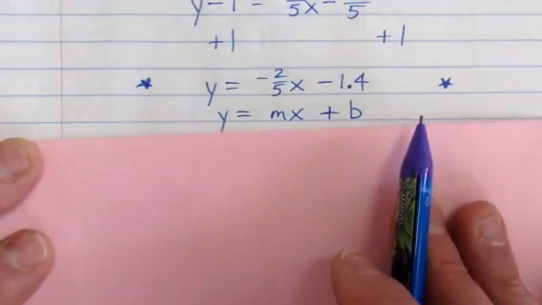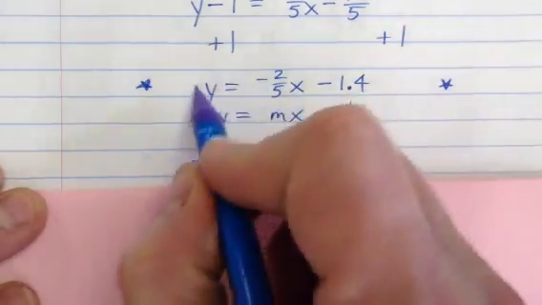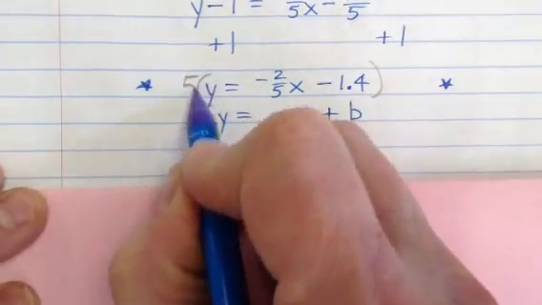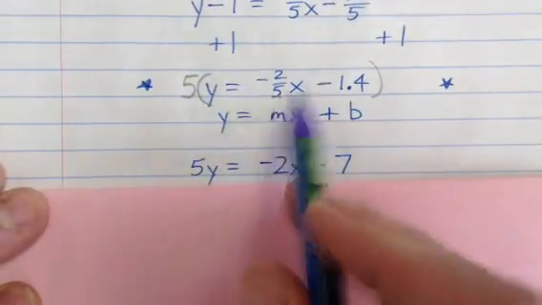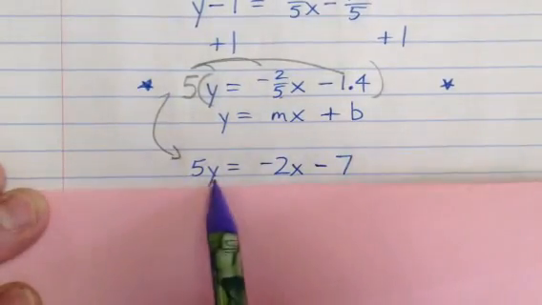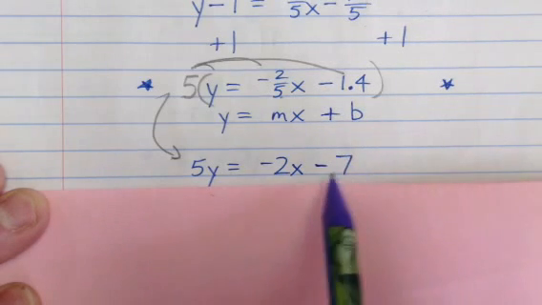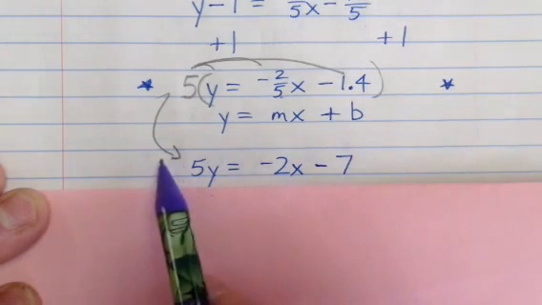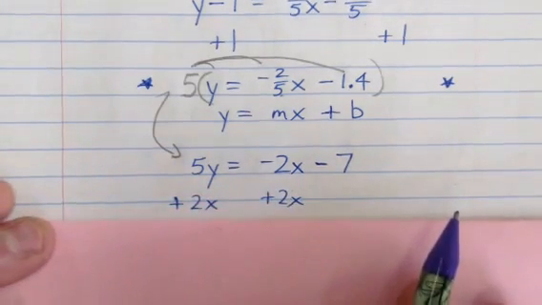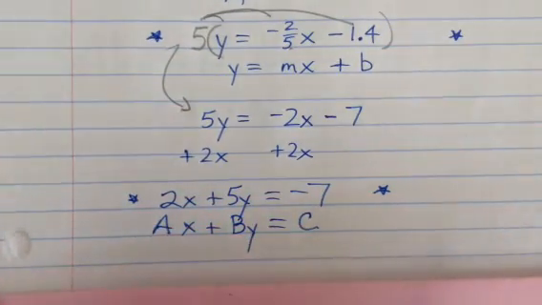And then finally, take that, multiply everything by 5 to get rid of the denominator here. So I'm going to distribute a 5, and that's going to give me 5y equals negative 2x plus 7. Standard form, all I got to do is move this x over here to the left. I do that with a 0 pair. I'm going to add 2x to both sides, and guess what I have? Standard form, ax plus by equals c.